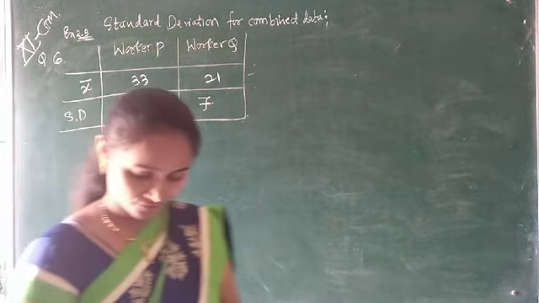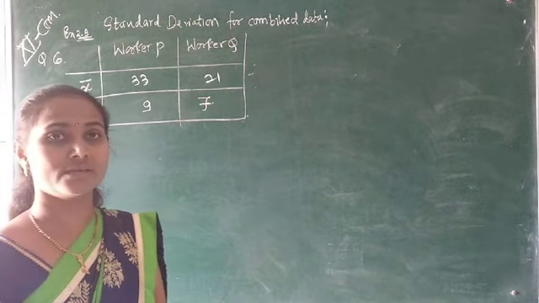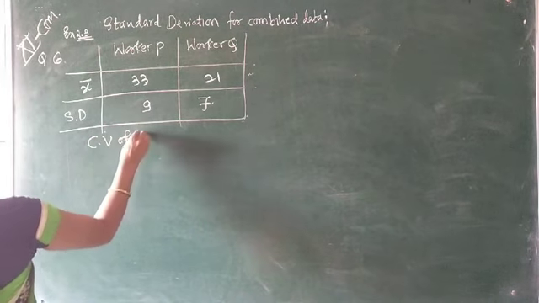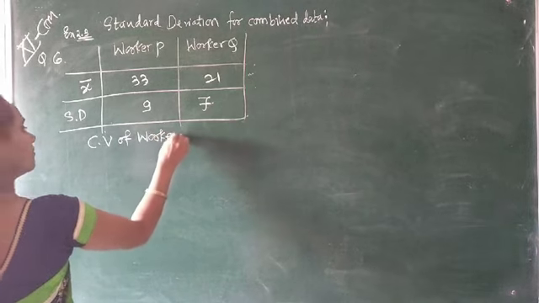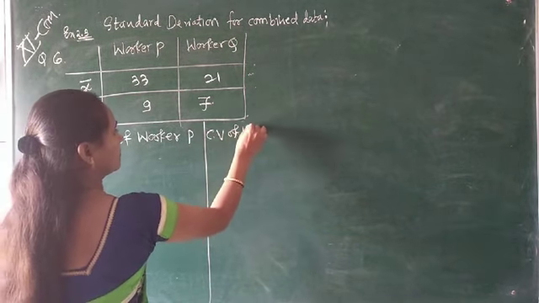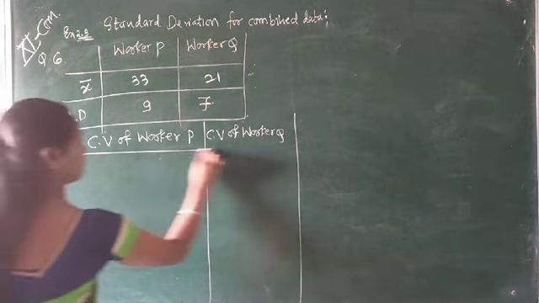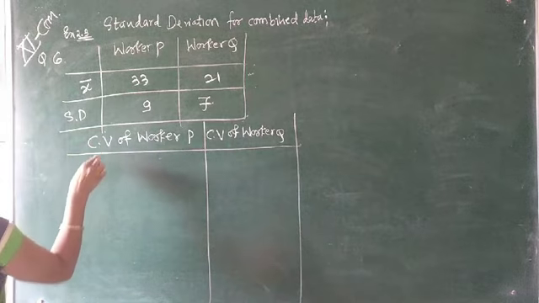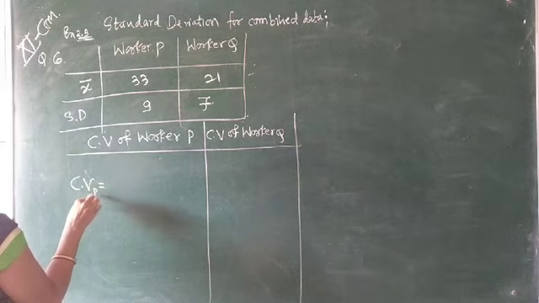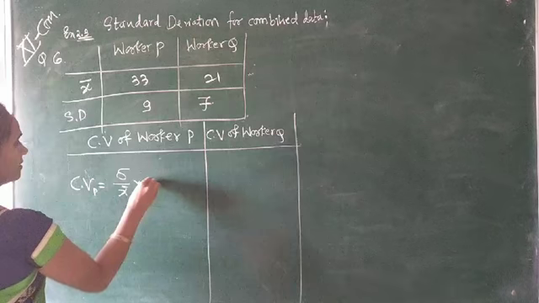In the first question we have to check which worker is more consistent. So to find the consistency we have to find its CV. CV of worker P and CV of worker Q. First, write the formula for CV of worker P. CV for P is sigma upon mean into 100.